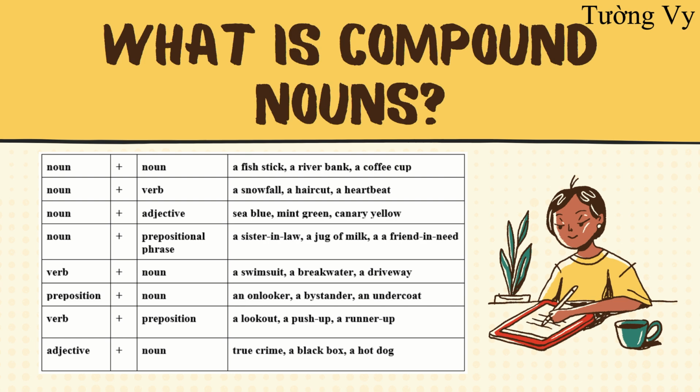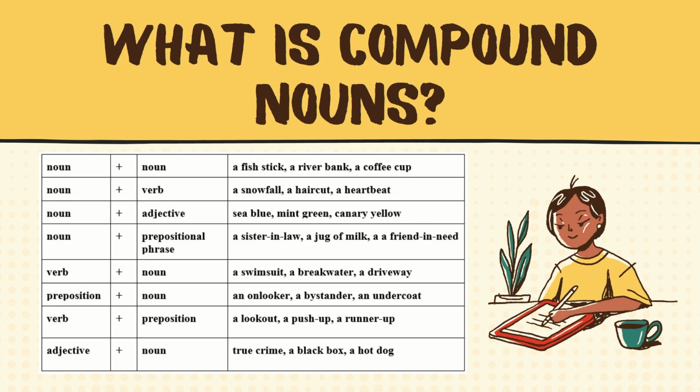Sixth, preposition plus noun: bystander. Seventh, verb plus preposition: runner-up. Eighth, adjective plus noun: black box. Each structure follows a pattern, and recognizing these patterns helps improve both vocabulary and writing skills.